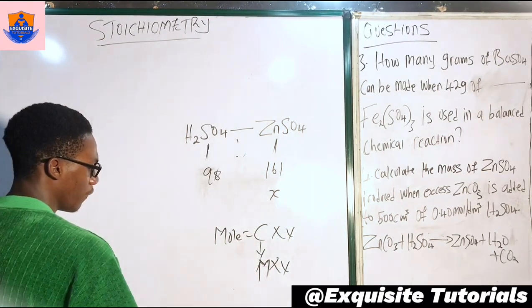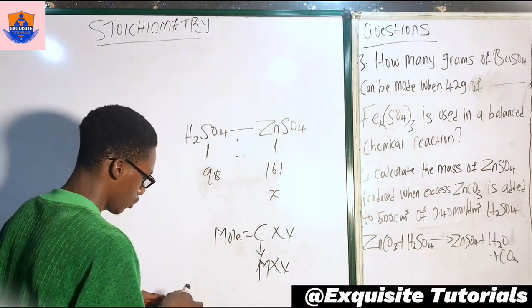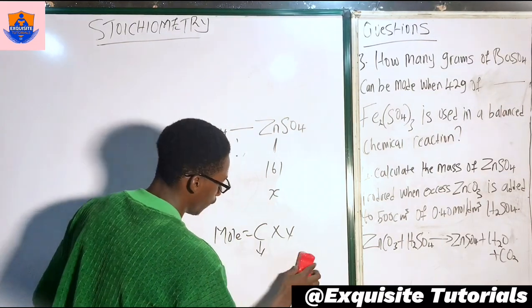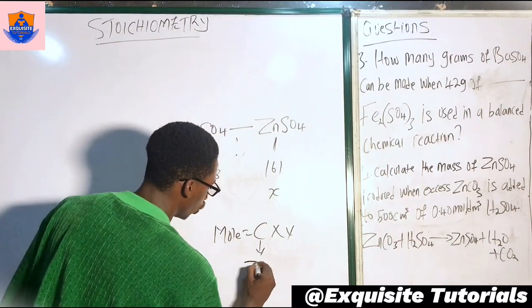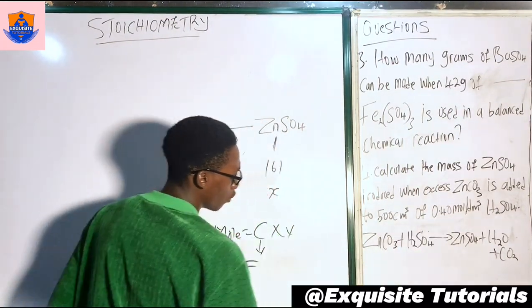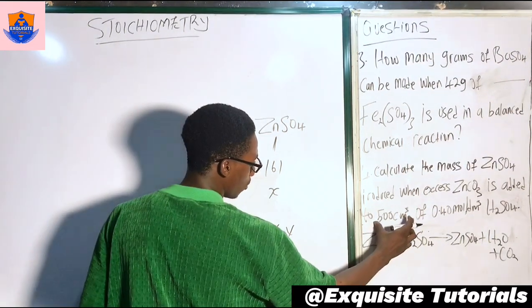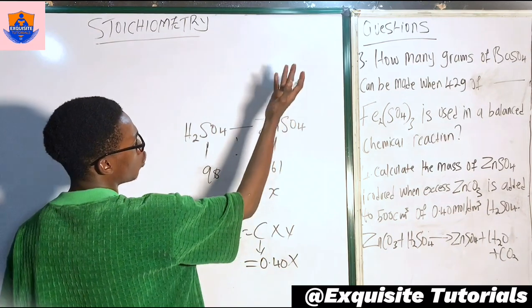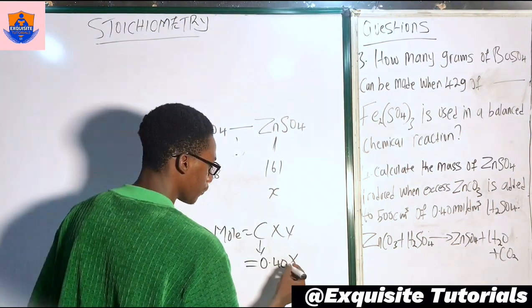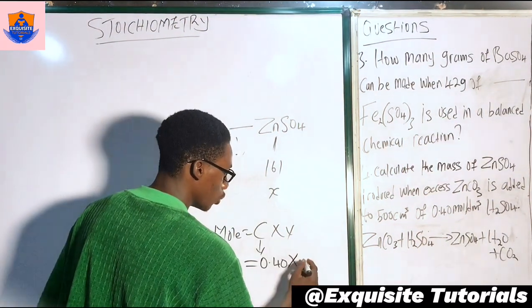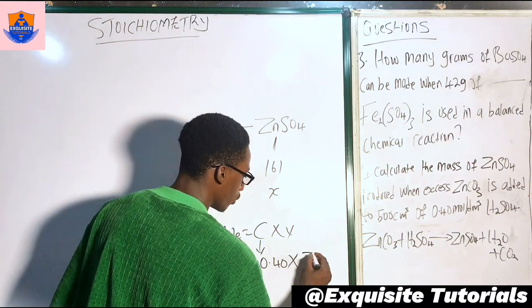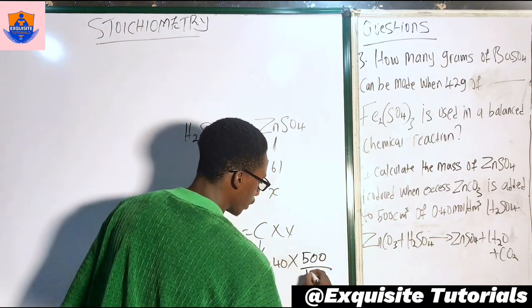So now to find the mole, mole will be concentration. What is the concentration given? 0.40. So 0.40 times the volume. The volume is 500 cm3. So I did some conversion up here before to be 0.5 because it was 500 over 1000.